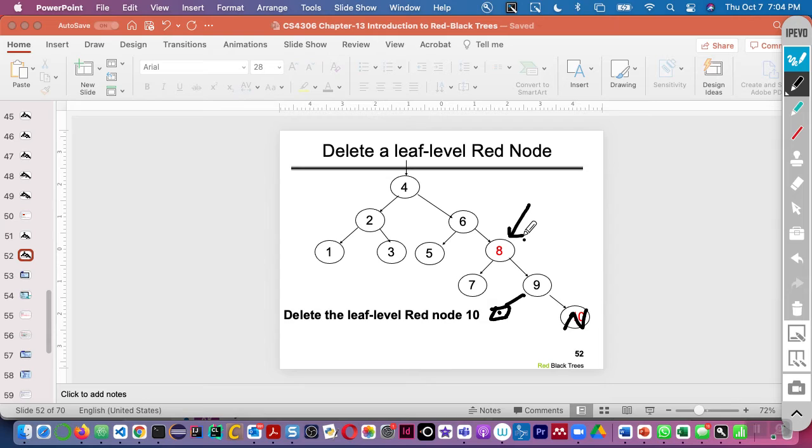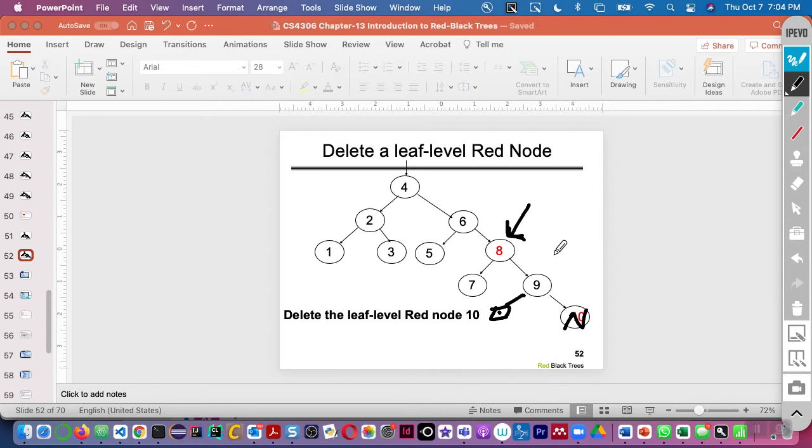One, we are deleting from a BST, and another, we are maintaining color. Now recall BST deletion. How did we delete 8? Either by successor or predecessor, right?